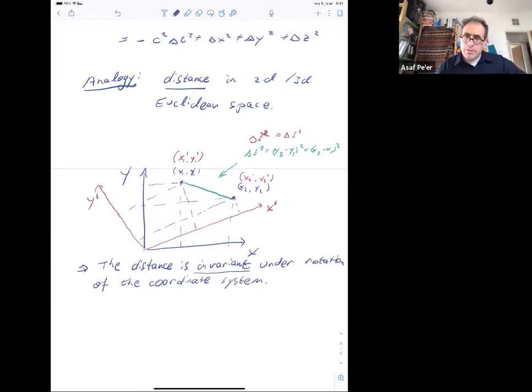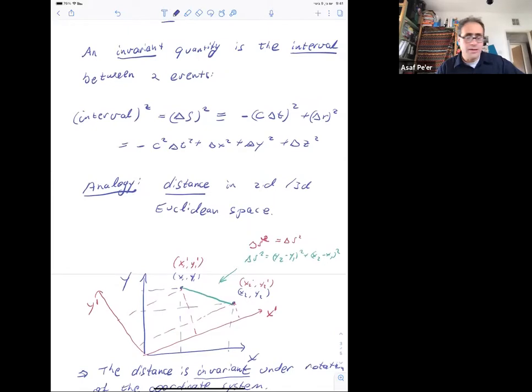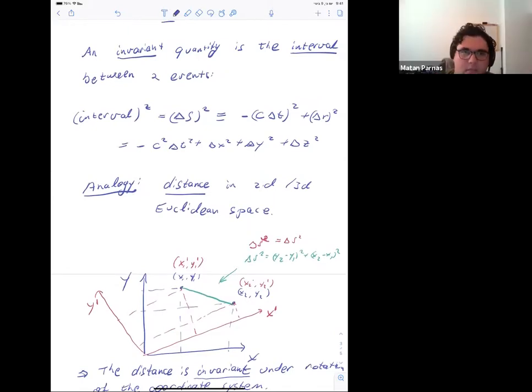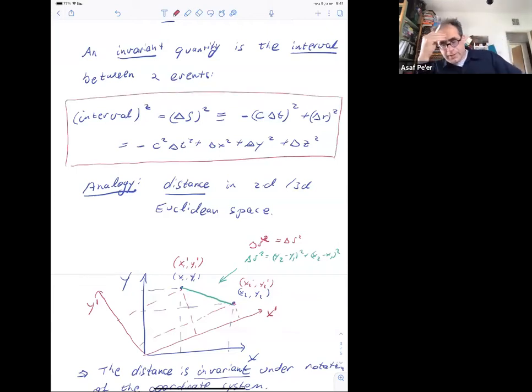Can you please go back just a bit for the interval and explain it again? Yeah, I defined an interval as a quantity which is invariant. The interval squared is minus c delta t squared plus delta x squared, plus delta y squared, plus delta z squared, right?